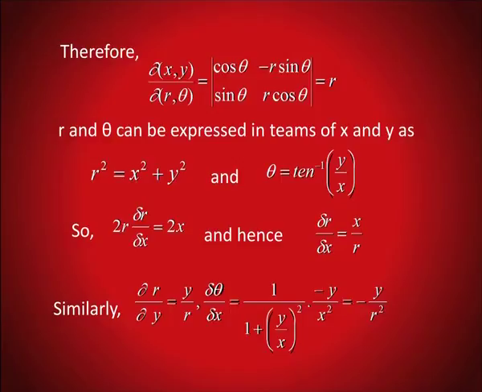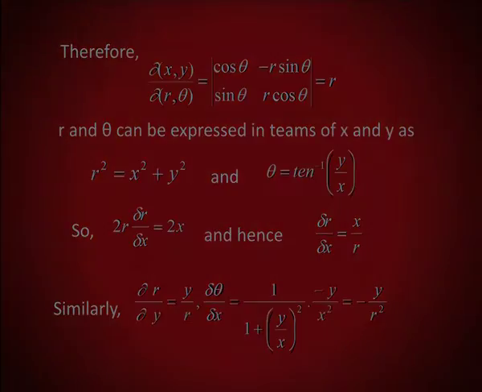Therefore, the Jacobian del(r,theta) over del(x,y) is given by the determinant x upon r, y upon r in the first row and minus y upon r square, x upon r square in the second row, that is equal to 1 upon r cube multiplied by the determinant x, y, minus y, x, that is equal to 1 upon r when simplified. Thus, the result is verified.